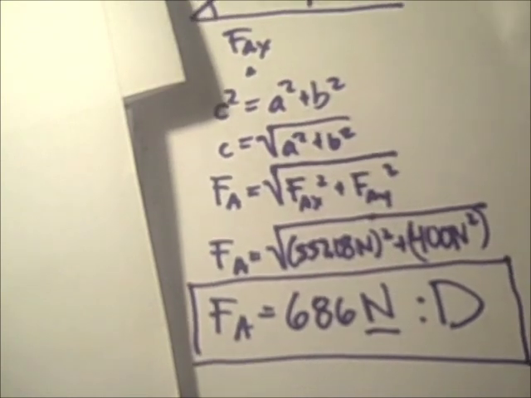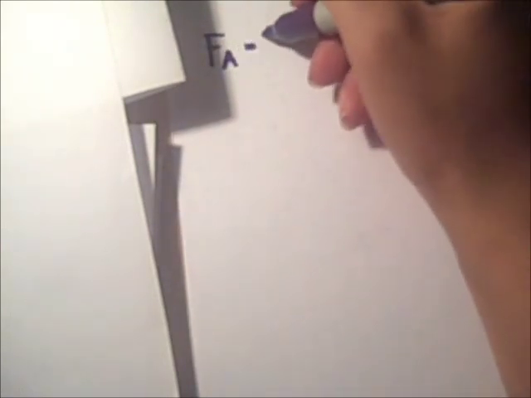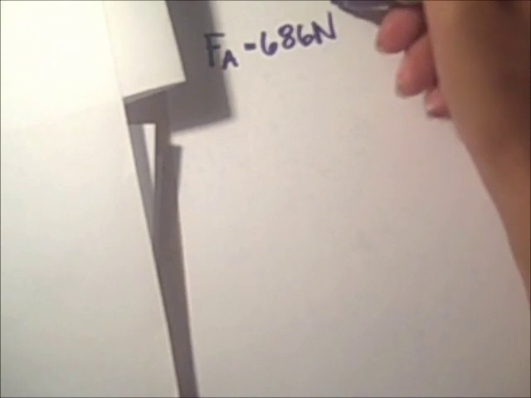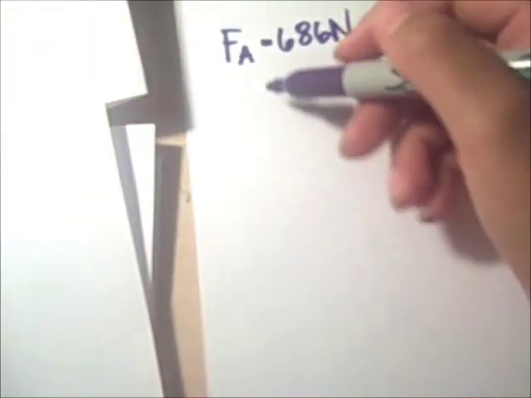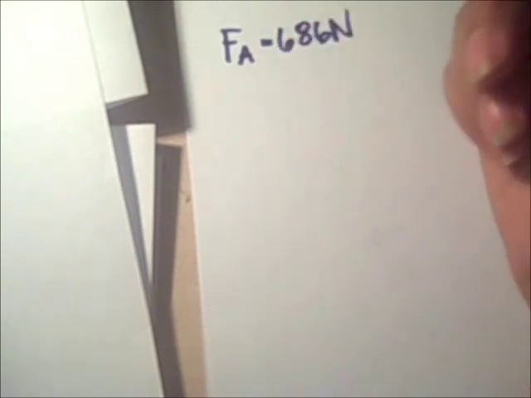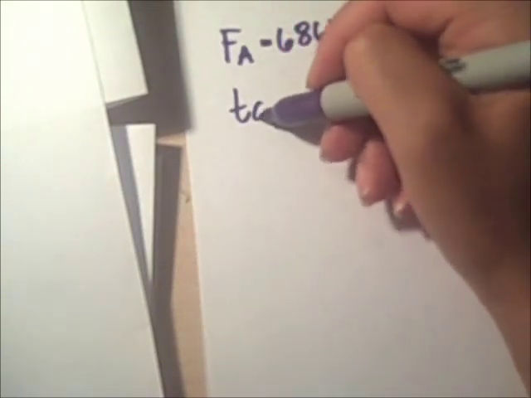Now all that's left is we have to solve for theta. This is wonderful because we have F_A equals 686. We're going to be using tangent, inverse tangent. The reason we're using inverse tangent is because we're trying to find theta. I'll do this quickly.